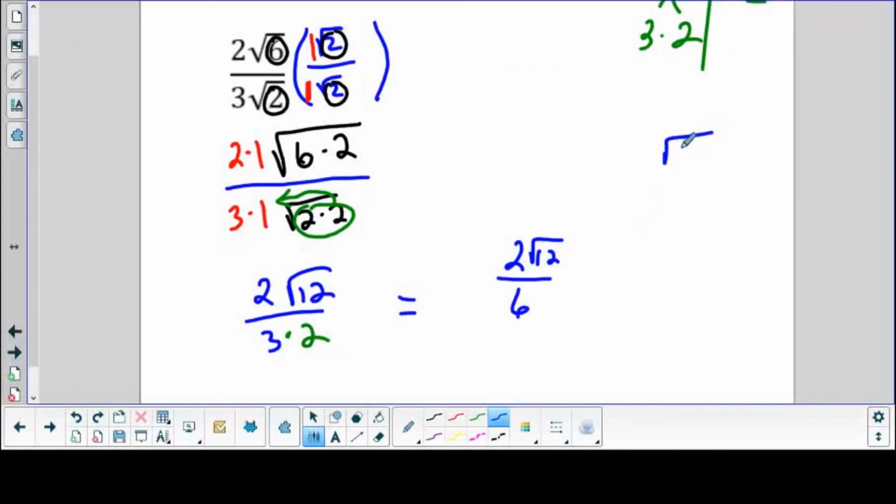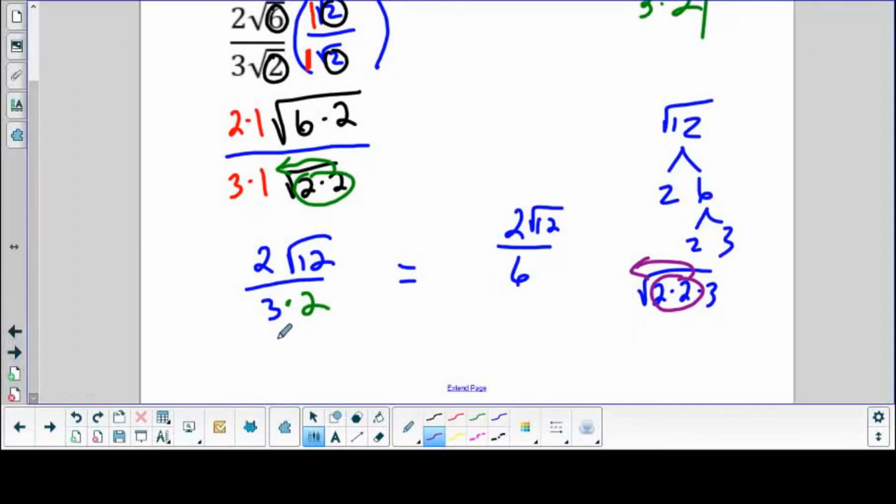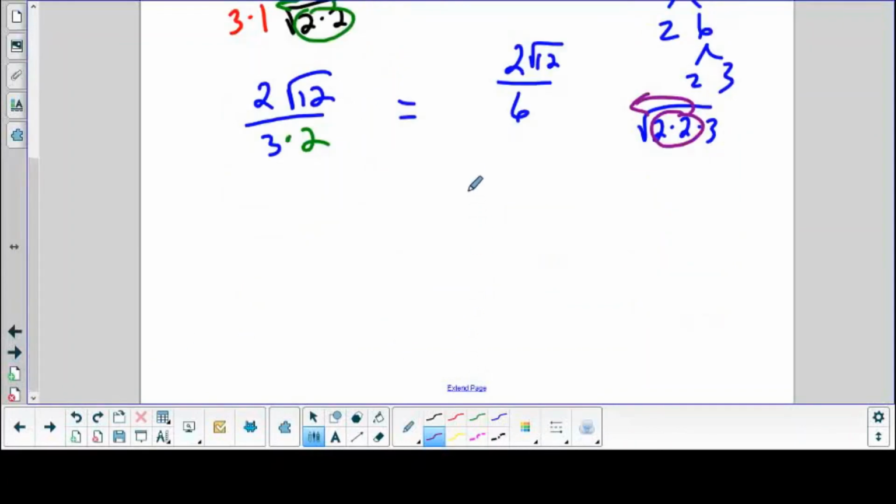Square root of 12, can we reduce that? 12 is 2 times 6, and 6 is 2 times 3, so we'll rewrite this as 2 times 2 times 3. Do you have any pairs? You sure do. The pair of 2's comes out, so this is going to be 2 times this.